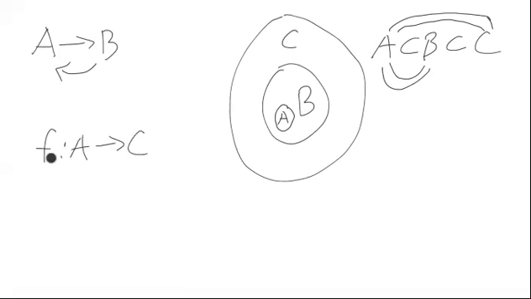Let's suppose we have a bijection F, and what we'd like to show is that we actually have a bijection from A to B. Okay, so if we have a bijection from A to C, then we will have a bijection from A to B.